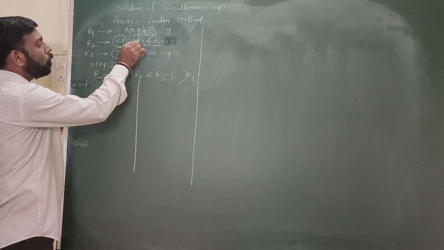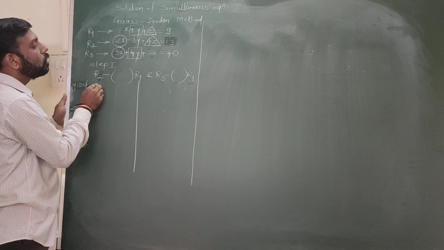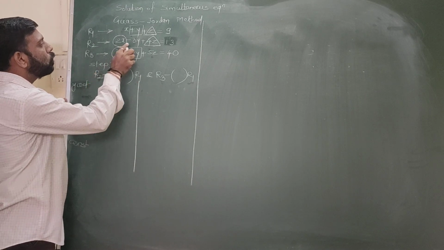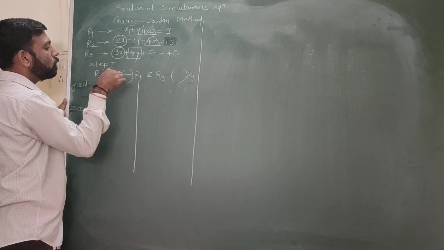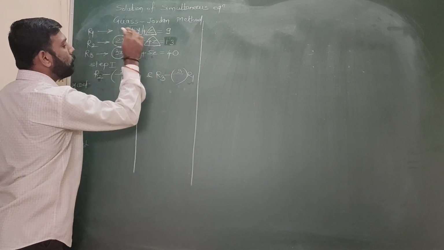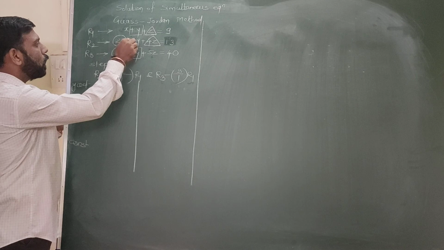What will be the new value of the coefficient of y? I have not written the multiplying factor here. Now the multiplying factor for R2: multiply by 2 and divide by 1. Similarly for R3, multiply by 3 and divide by 1. So this is our multiplying factor.